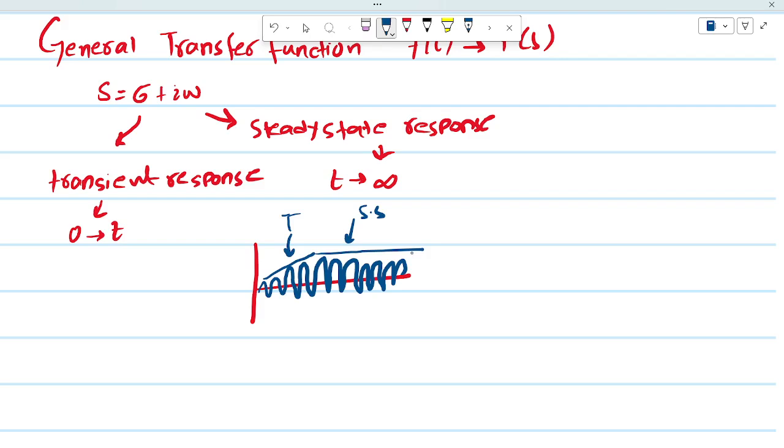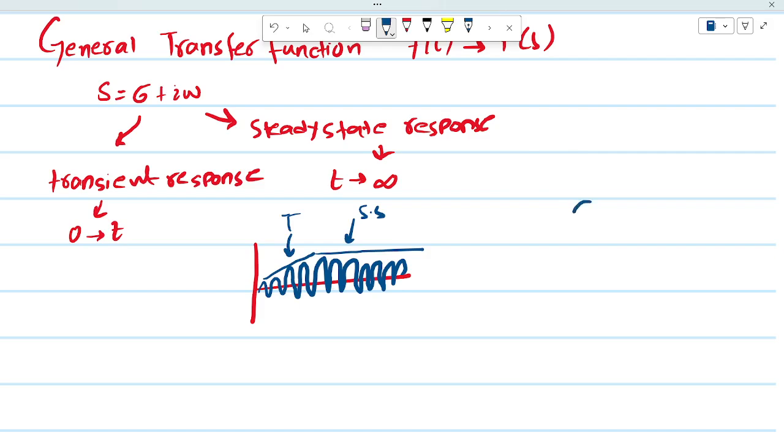But in most of the cases, specifically in the mechanical systems, the majority of the loading is sinusoidal in nature, and we are more interested in what will be the long-term response or the behavior of a system. Let's say, consider an example of a washing machine.